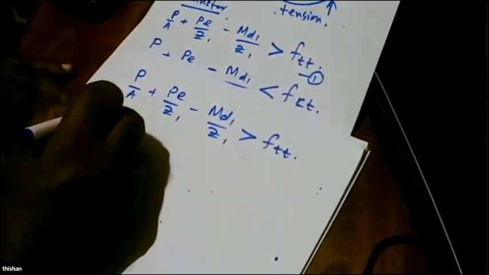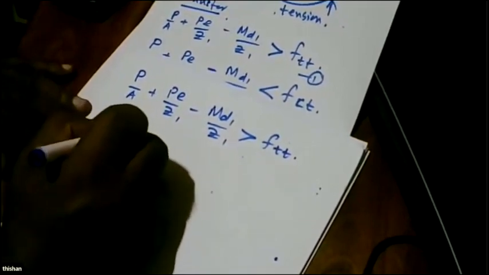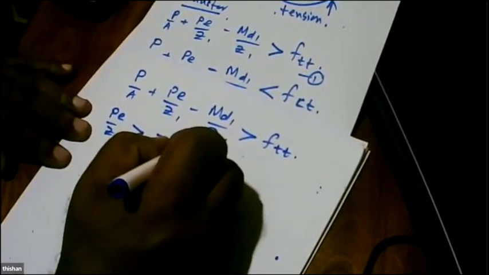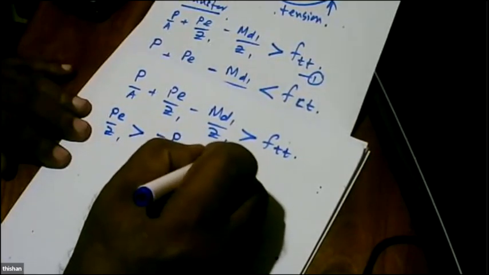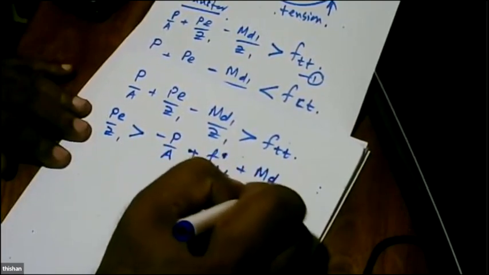Then I can say PE over Z1 should be greater than minus P over A plus FT plus MD1 over Z1.